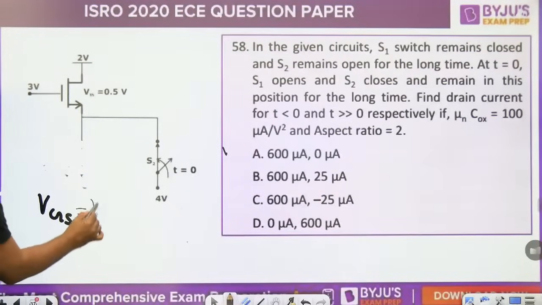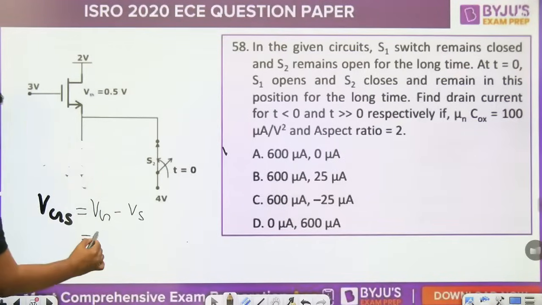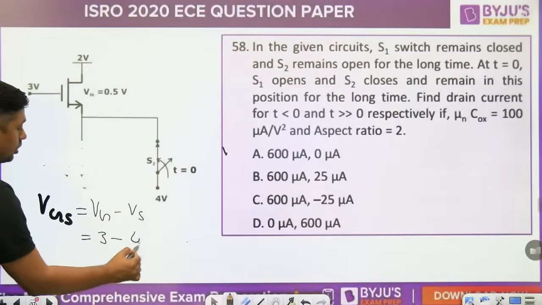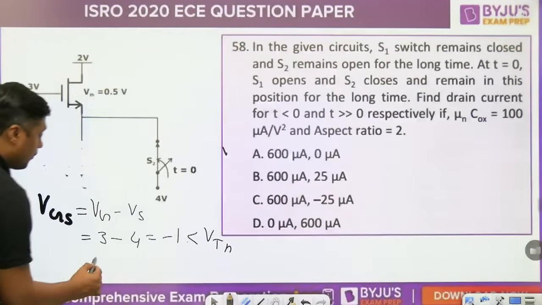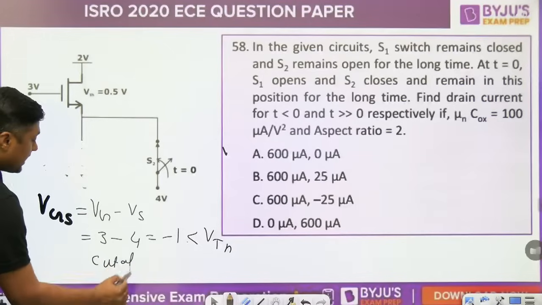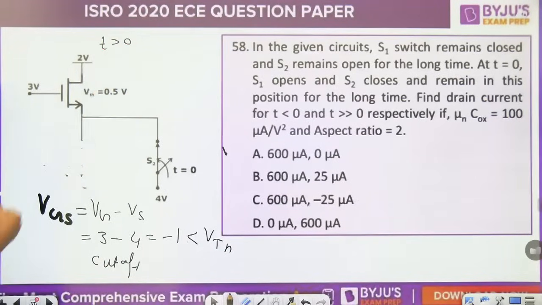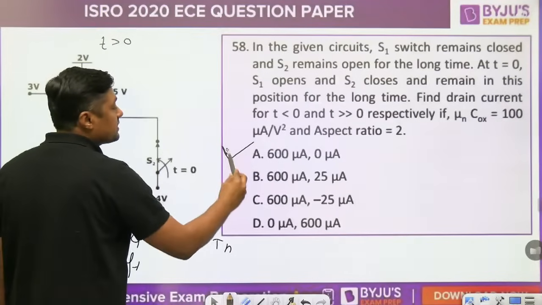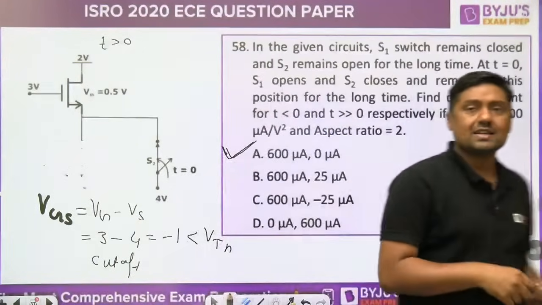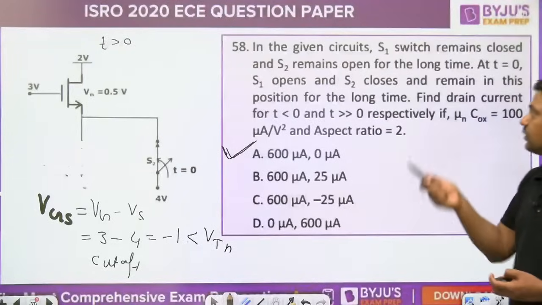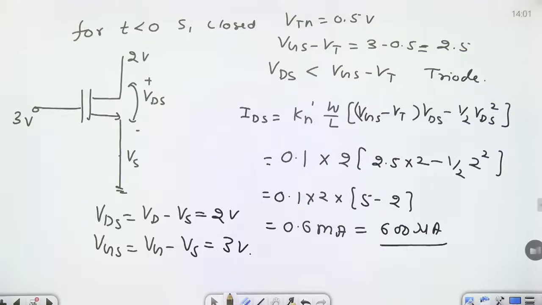VG minus VS. This time VG is 3 volt, VS is 4 volt, so VGS is minus 1 volt, that is less than the threshold voltage, and that's why it is in cutoff. So in the second case for t greater than 0, it is in cutoff, that's why the current is 0, and A is the correct answer: 600 microampere for the first case and 0 for the second case. That is the explanation.